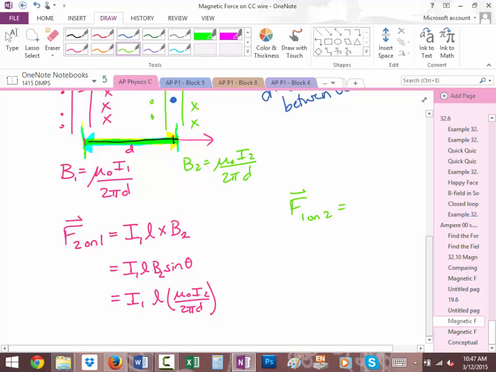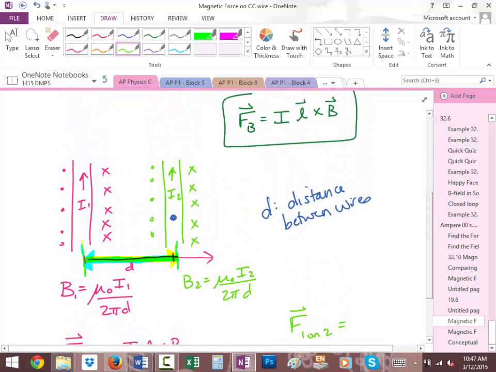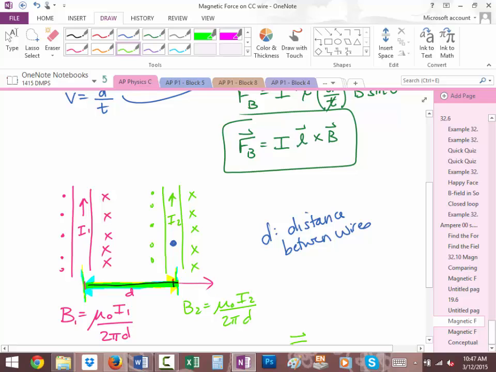Can you just explain to me one more time about why it's I1 and B2? Of course. So the magnetic force that any wire feels is going to be due to the fact that it has moving charges, right? And the moving charges are in that wire. So that's its current.